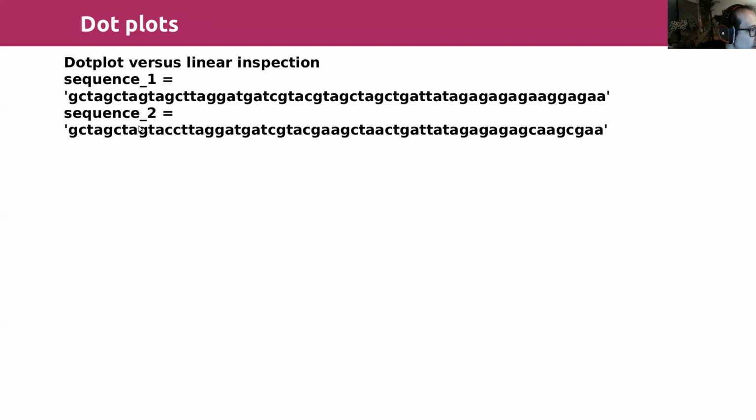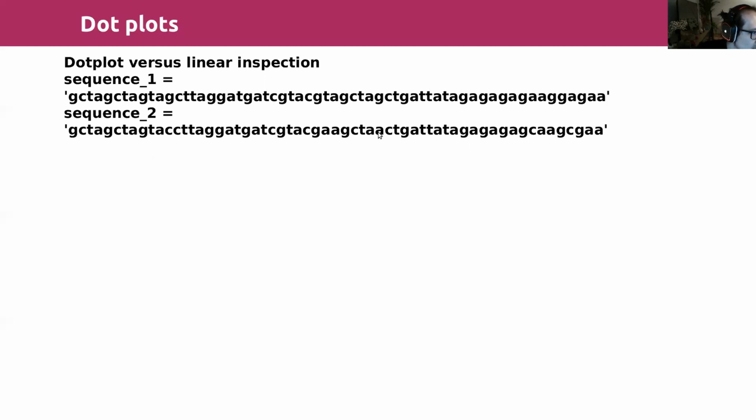Here's another challenge. Here's linear inspection. It's quite tricky. This is not quite as bad as the first two sequences I showed you, but it is still quite difficult to know by eye if these sequences are the same or not.